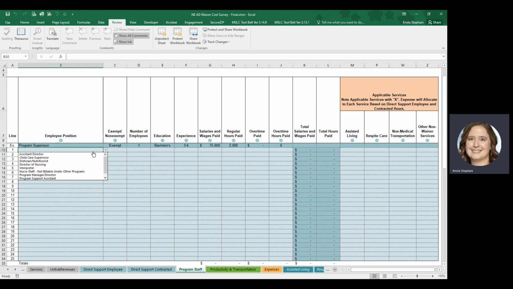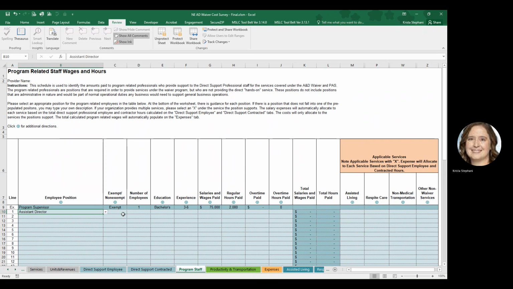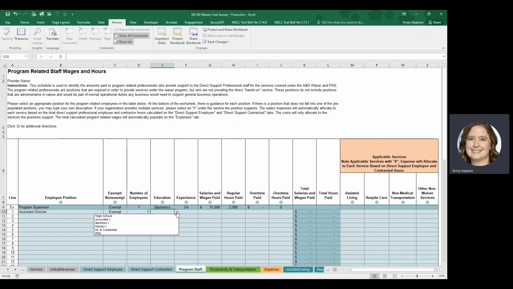So once you select an employee position, please indicate if they are an exempt or non-exempt employee, how many employees you are including in that position. So we'll say for this one, it's 1. What is the required education level for that position? And what is the acquired experience level for this position?